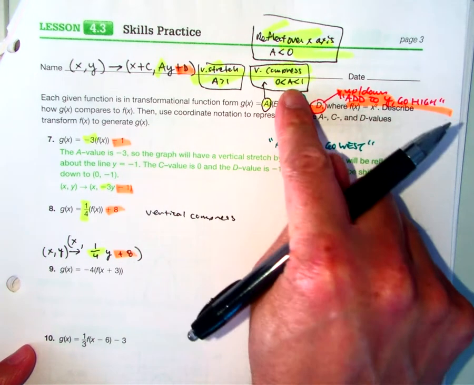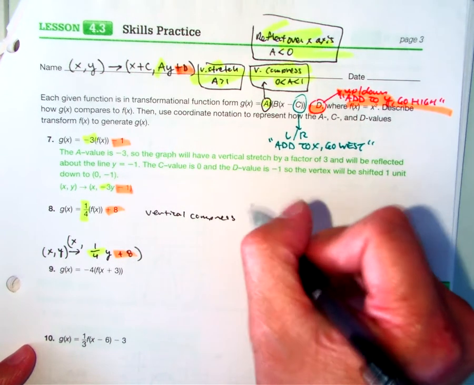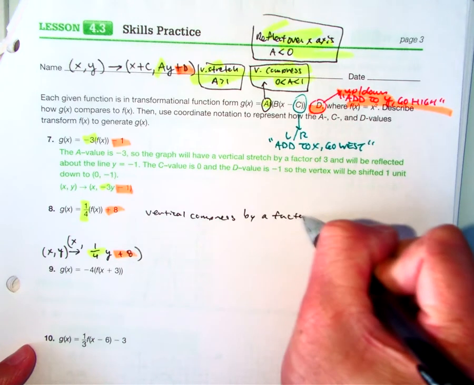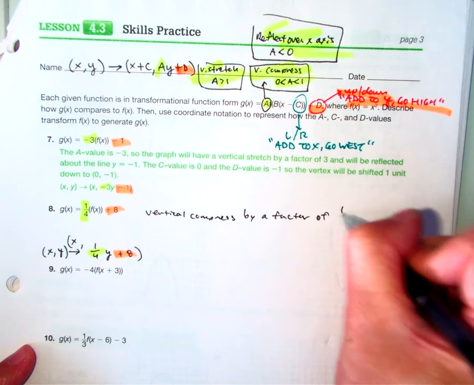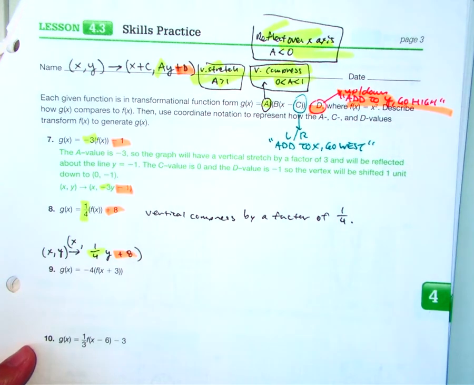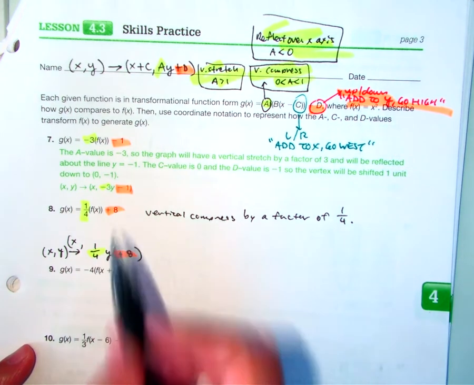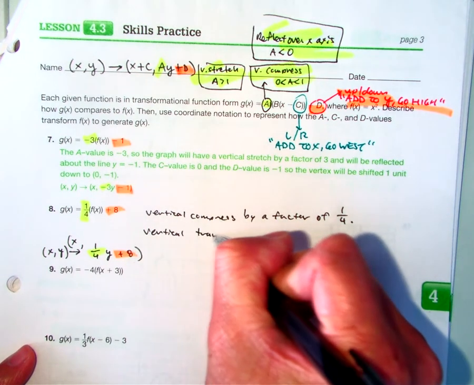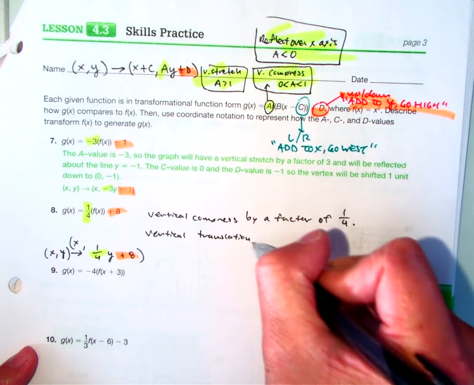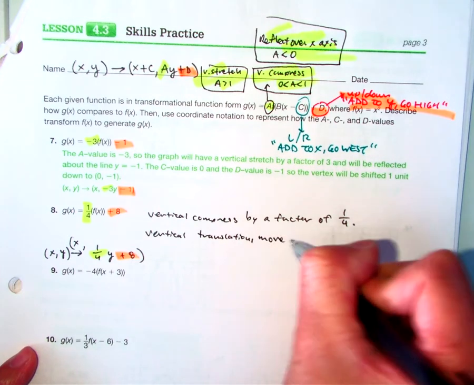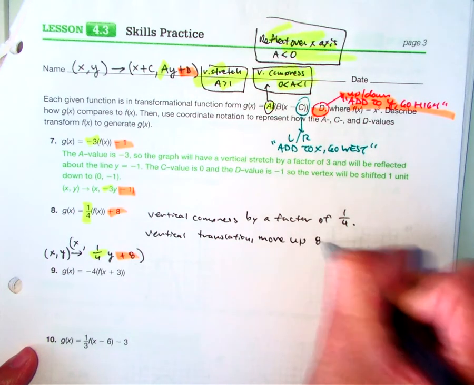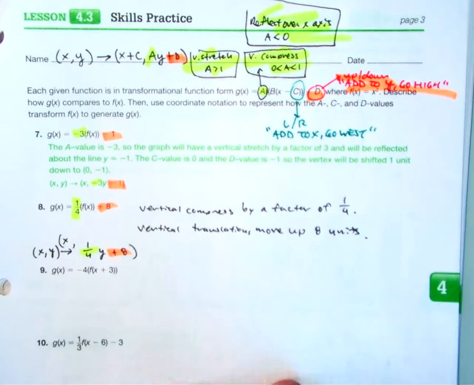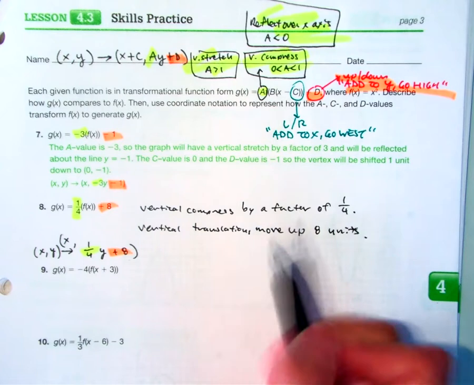Because it's less than 1, so you could say a vertical compression by a factor of 1/4, and then the D value tells us a vertical translation. That's a fancy word that basically says move up how many? 8 units. Okay? So basically just creating a rule, and then it's just explaining in words what's happening.